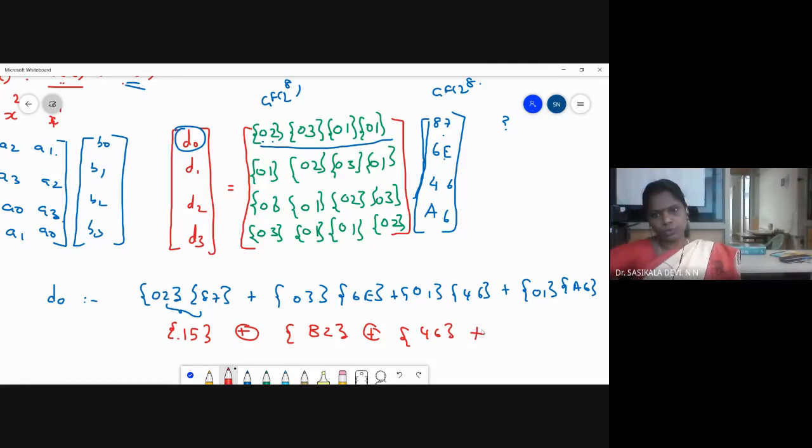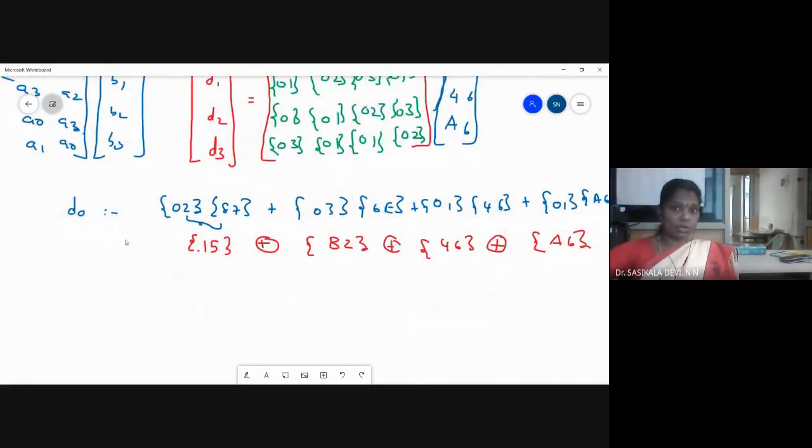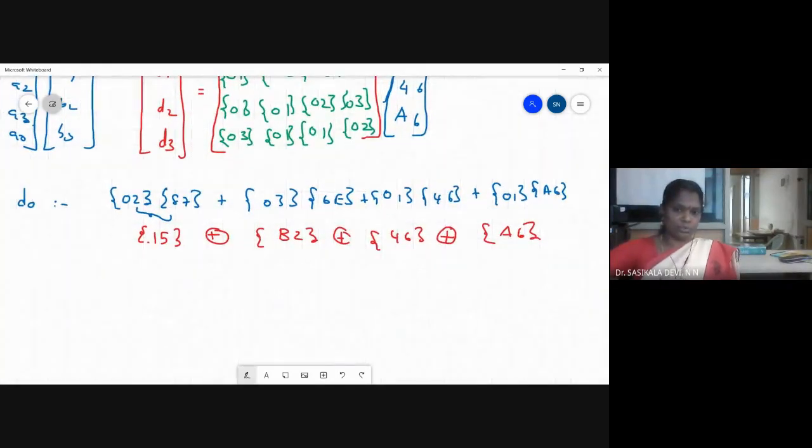And all the addition operations are XOR because this is GF(2^8). Okay. So this is A6. What is the final answer? Final answer is the XOR of all these values. That is 0001 0101, which is 15.